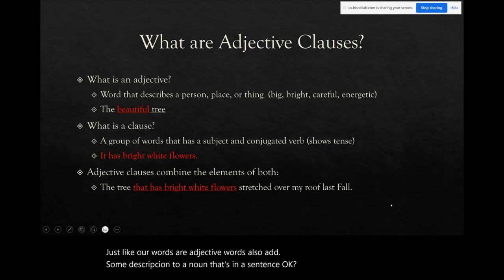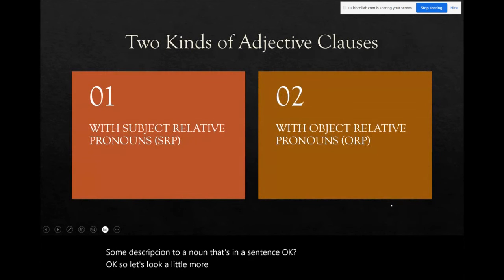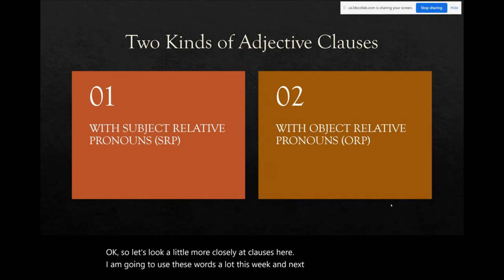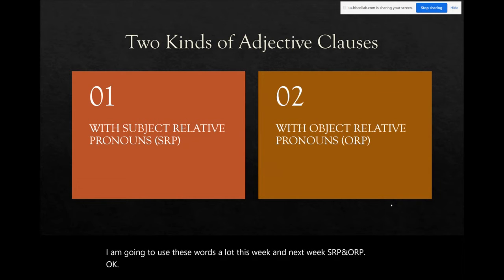Okay, so let's look a little more closely at clauses here. I am going to use these words a lot this week and next week. SRP and ORP. Okay? SRP and ORP. What do those mean?